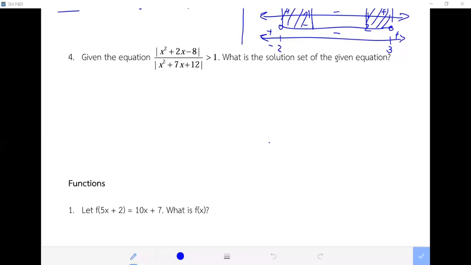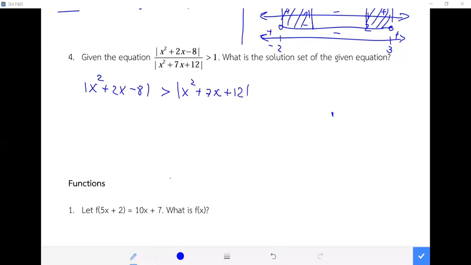But you have to set a condition that, even though the absolute value is most of the time positive, it can be 0 as well. We don't want it to be divided by 0. So before you cross multiply, maybe you can just cross multiply it like this: x squared plus 2x minus 8 is more than x squared plus 7x plus 12. No problem, I just cross multiply.